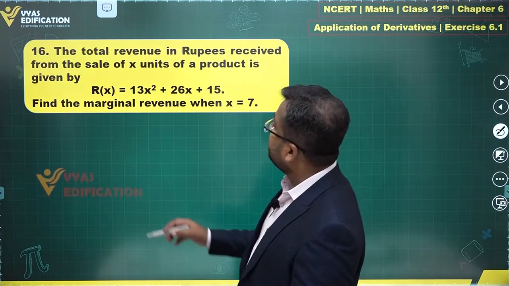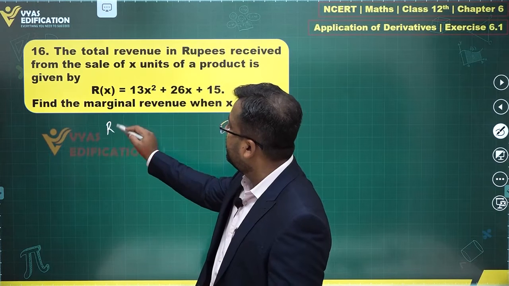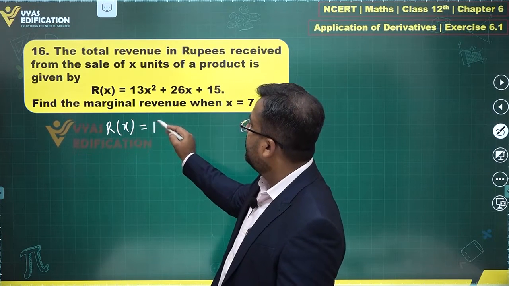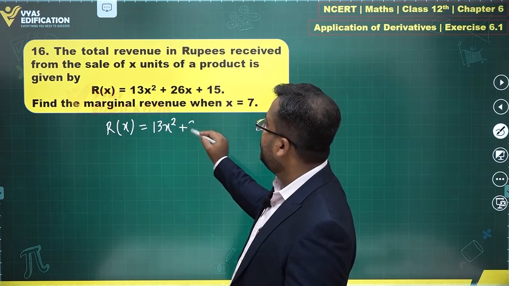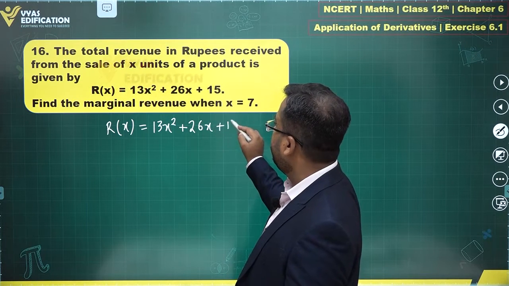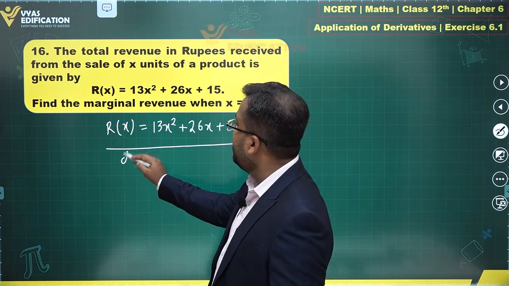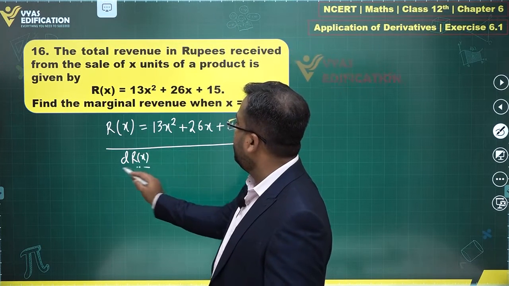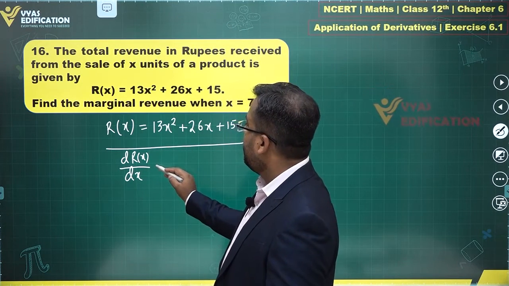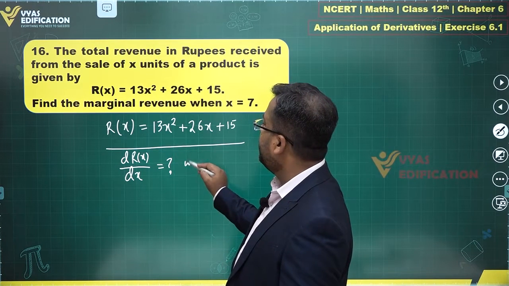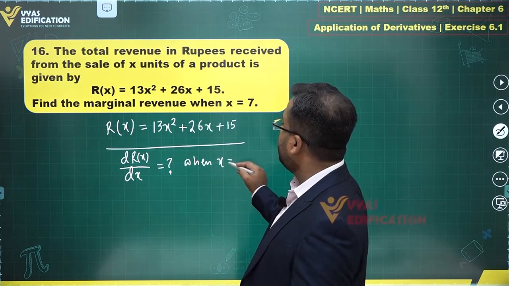Total revenue in rupees received from the sale of x units of a product is 13x square plus 26x plus 15. And you are asked dR(x) upon dx is equal to question mark when x equals 7.